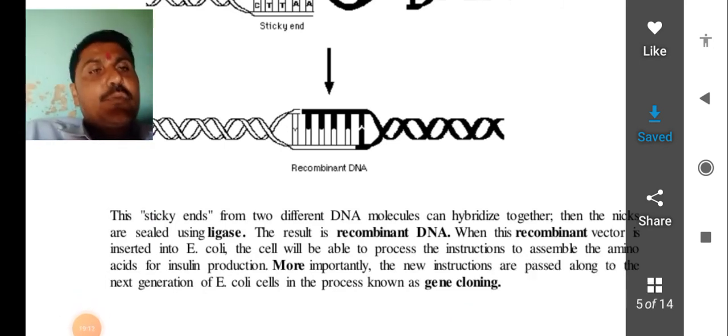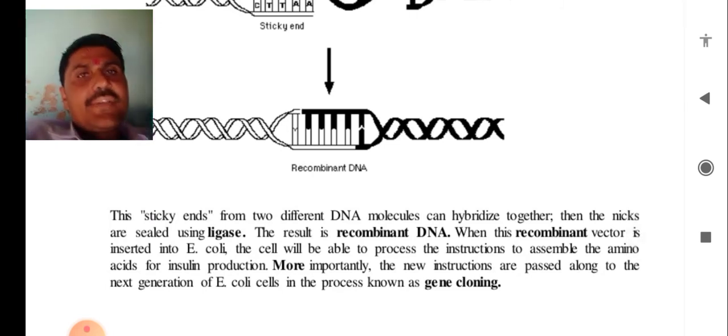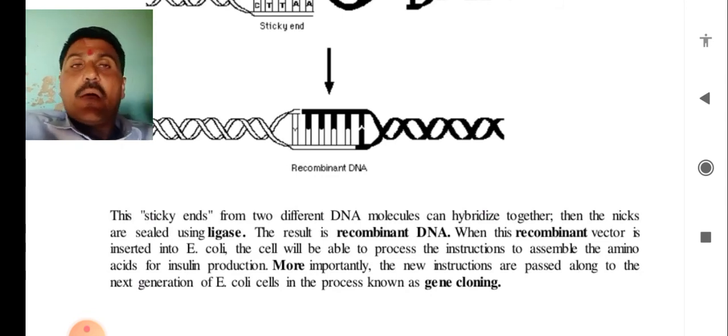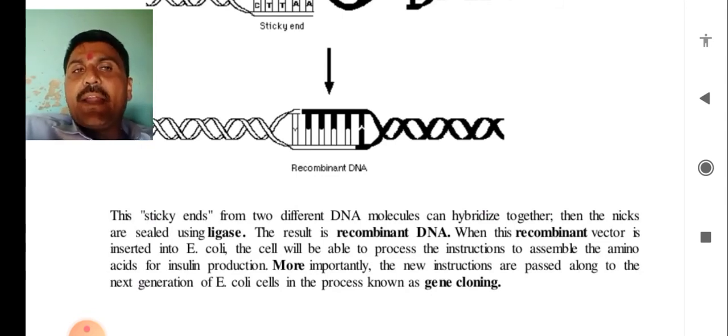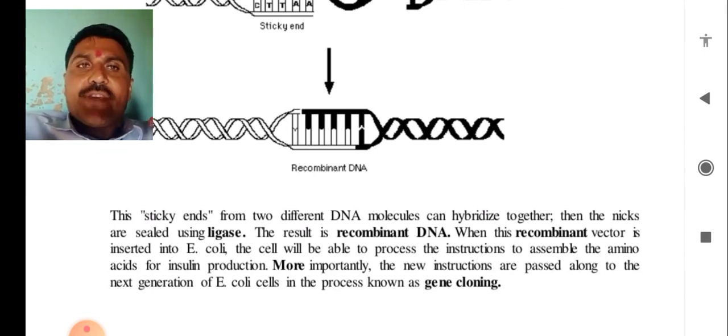So what happens in the recombinant DNA? The recombinant DNA is bound with this ligase, and after forming the recombinant DNA, it is introduced into the bacterium Escherichia coli, and the cell will be able to process the instruction. Now, after insertion in the bacterium, the cell has the capability to process the instruction to assemble the amino acids for the production of insulin.